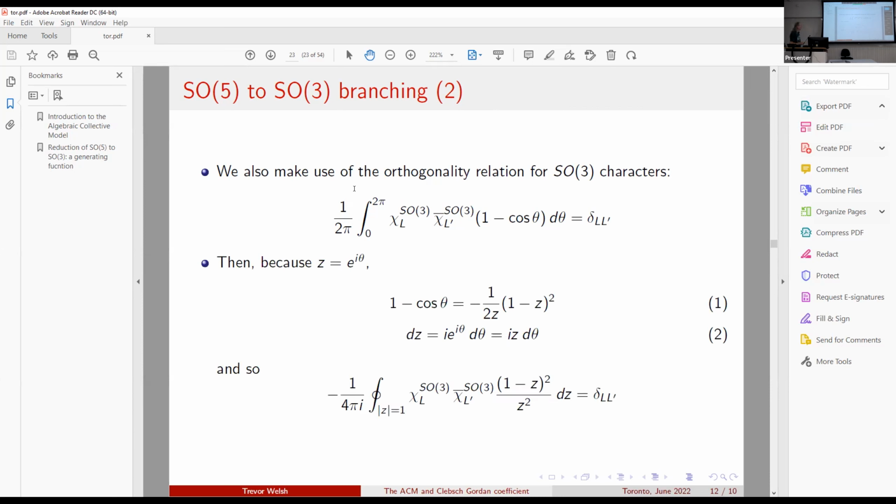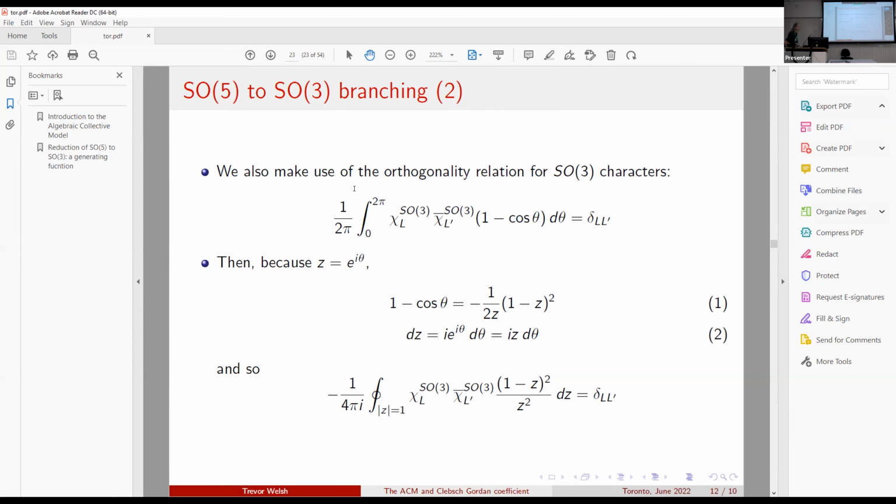Now we just convert the theta variable to Z and turn it into a contour integral. A bit of playing around with standard trig functions gives you that, and another standard manipulation turns that expression into this expression.